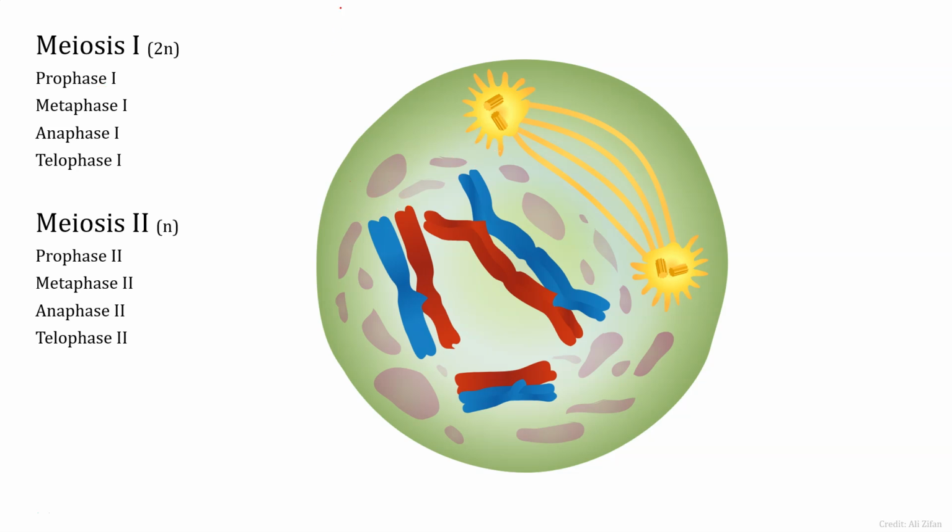Now, one of the unique things that happens in meiosis is a process known as synapsis. Synapsis is a process where homologous pairs of chromosomes come together to form what is known as a tetrad. And that's what we're seeing in this picture.